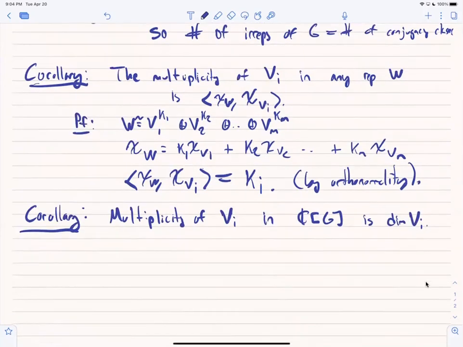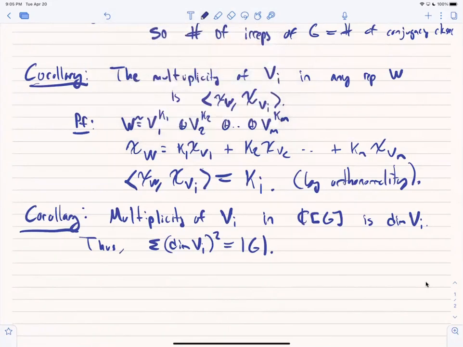So in particular, that implies that the sum of the squares of the dimensions of the irreducible representations is equal to the size of G. So I take the sum of the squares of the dimensions of the irreducible representations, and I get just the size of G. So that's a pretty precise numerical constraint.